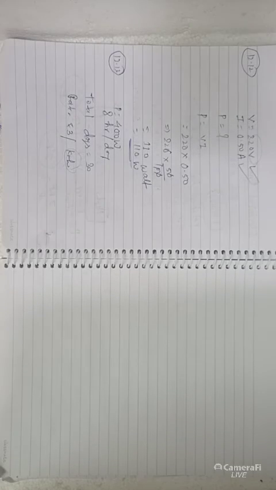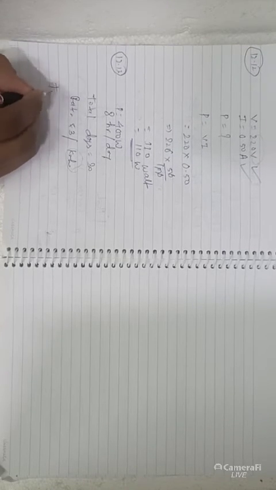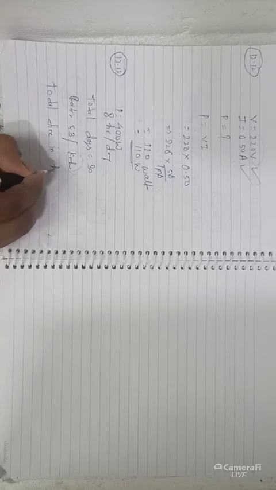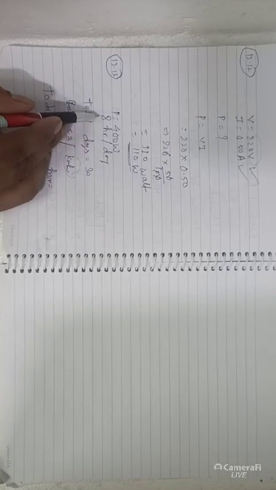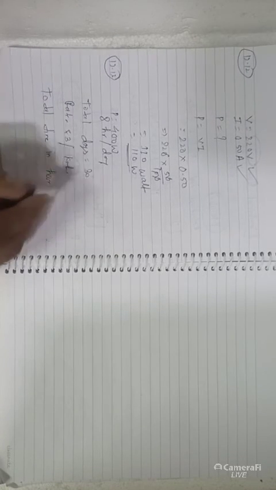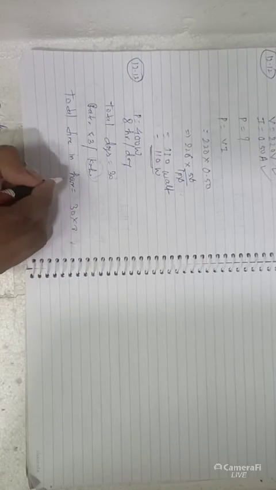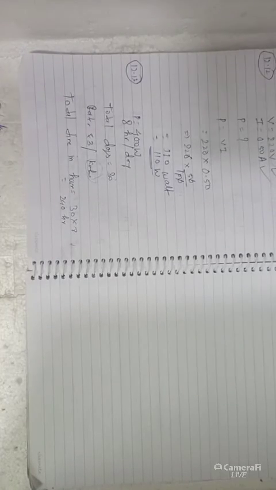So first we will find the total time in hour. For one day it is working for 8 hours. So in 30 days it will work for 30 into 8, that is 240 hours.